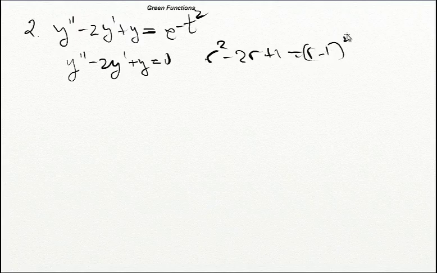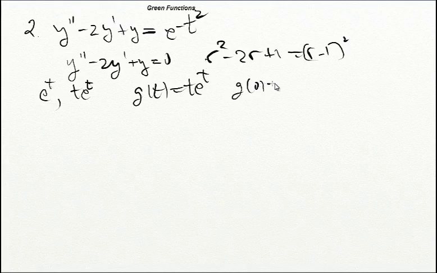And so our linearly independent solutions are e to the t and t e to the t. And a little bit of work gets you that the Green function is just t e to the t.